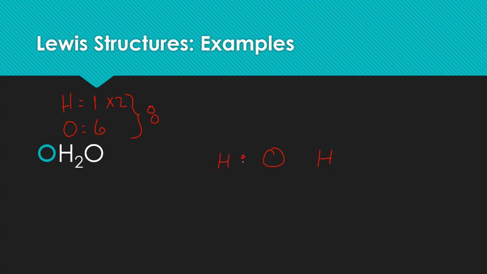So we have to put our bonds in. 1, 2, 3, 4. I've used 4 of them up. This hydrogen has a full shell, and this hydrogen has a full shell. The oxygen in the middle only has 4, but I have 4 more electrons, so I can do 1, 2, 3, 4, and now water is complete.